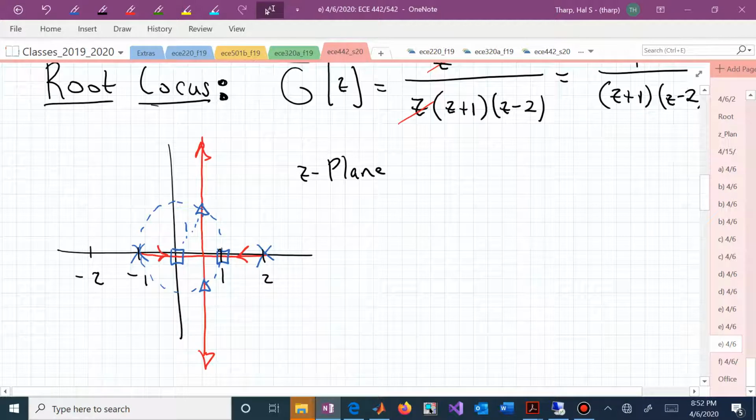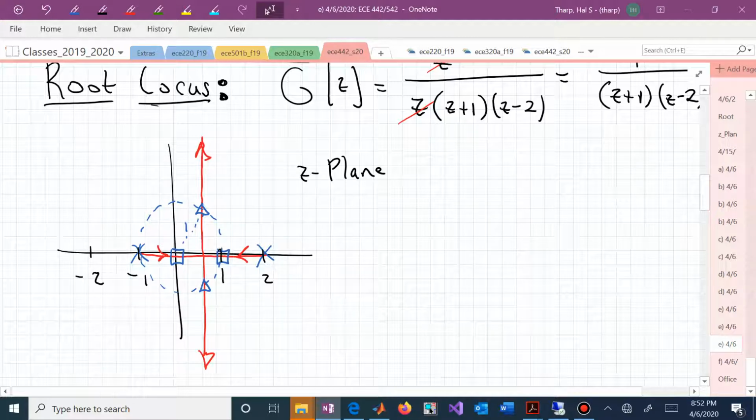We know, based on the phase angle condition, that the real line segment between minus 1 and 2 has to belong to the root locus. The line segment between 2 and plus infinity does not belong to the root locus.